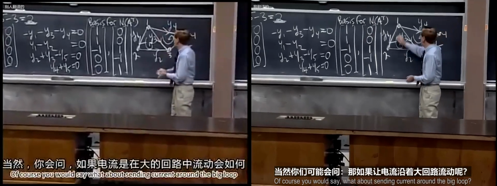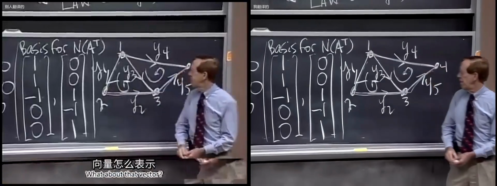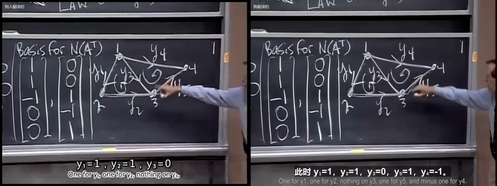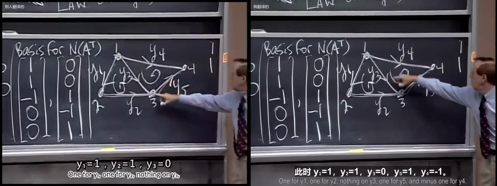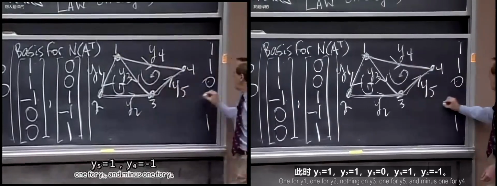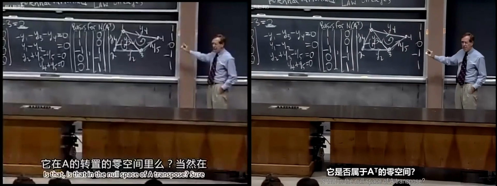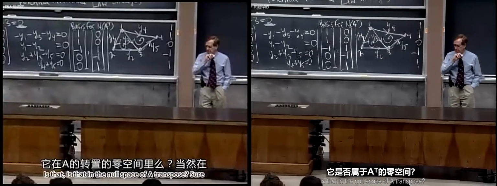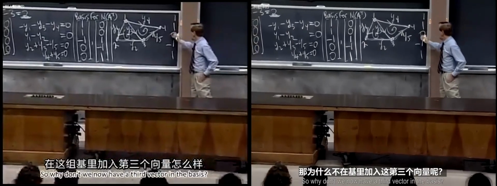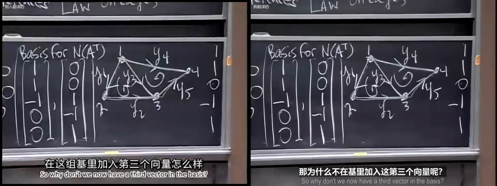Of course, you would say, what about sending current around the big loop? What about that vector? 1 for Y1, 1 for Y2, nothing on Y3, 1 for Y5, and -1 for Y4. What about that? Is that in the null space of A transpose? Sure. So why don't we now have a third vector in the basis?